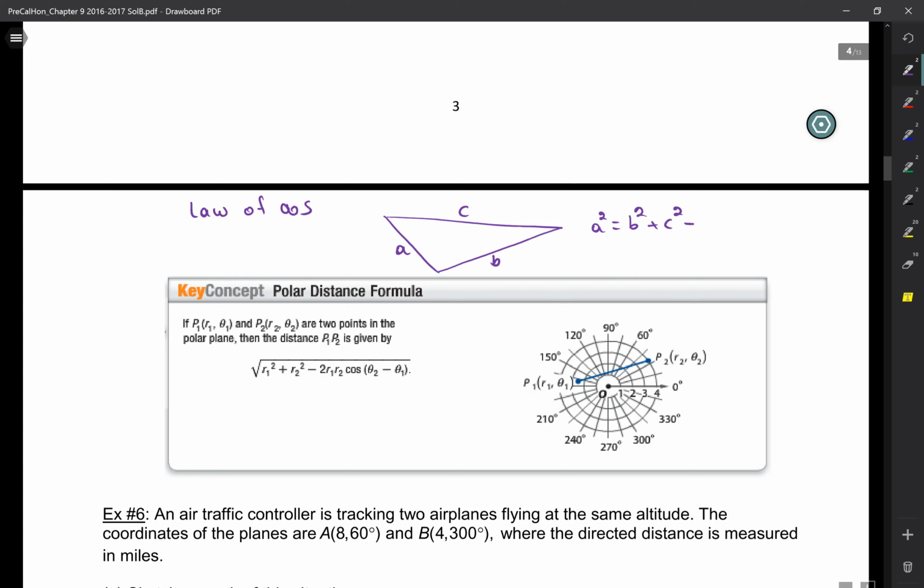Yes. Minus 2BC cosine of A. And what's angle A? Angle A is the angle between B and C, right? So it's the angle between these two that you're using in the formula.